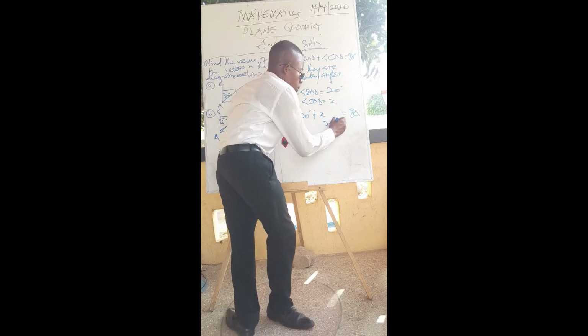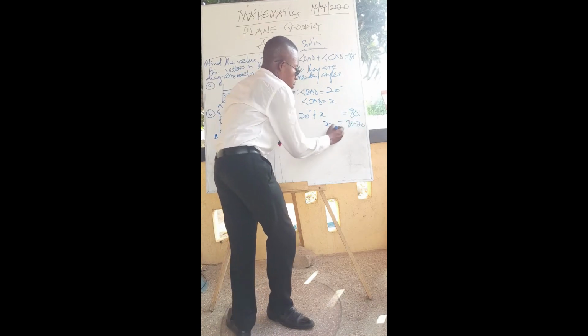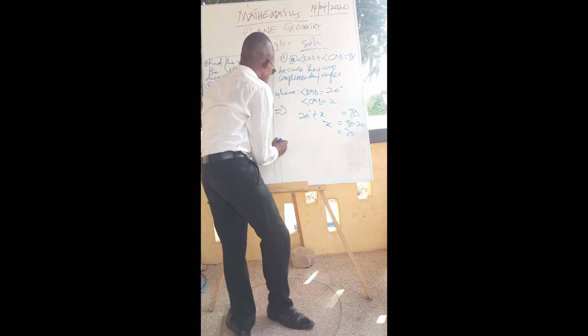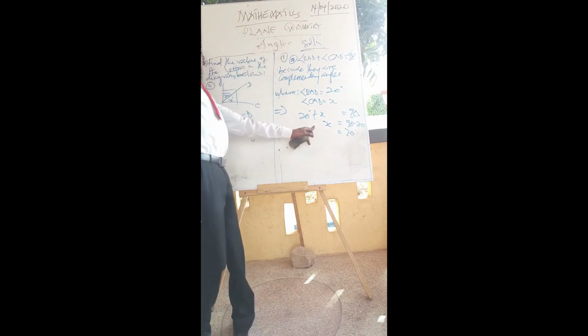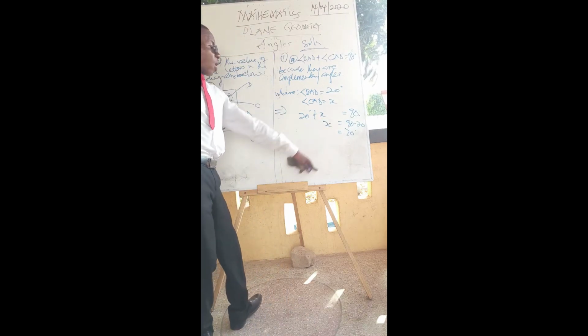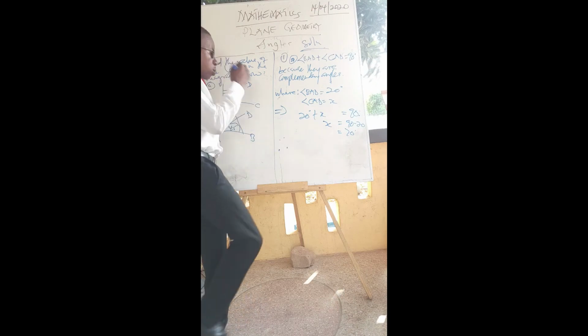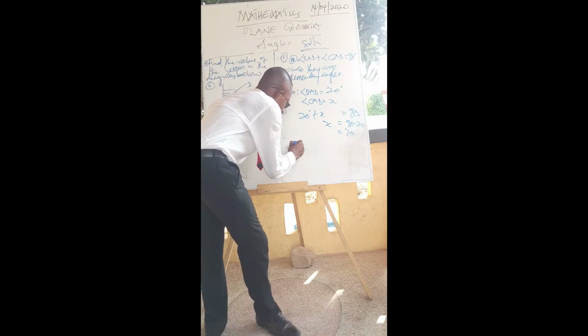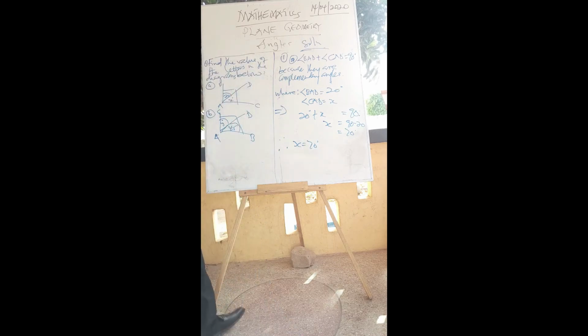So X equal to 90 minus 20, and this gives us 70 degrees. So after this, you need to do a calculation first before you conclude. Don't just conclude here. Therefore, X equals 70 degrees, or the value of X is 70 degrees.